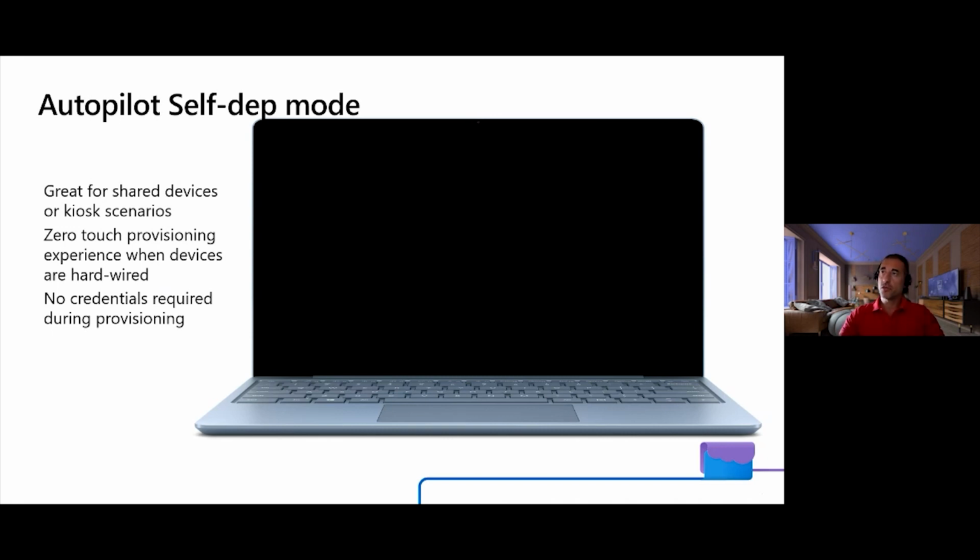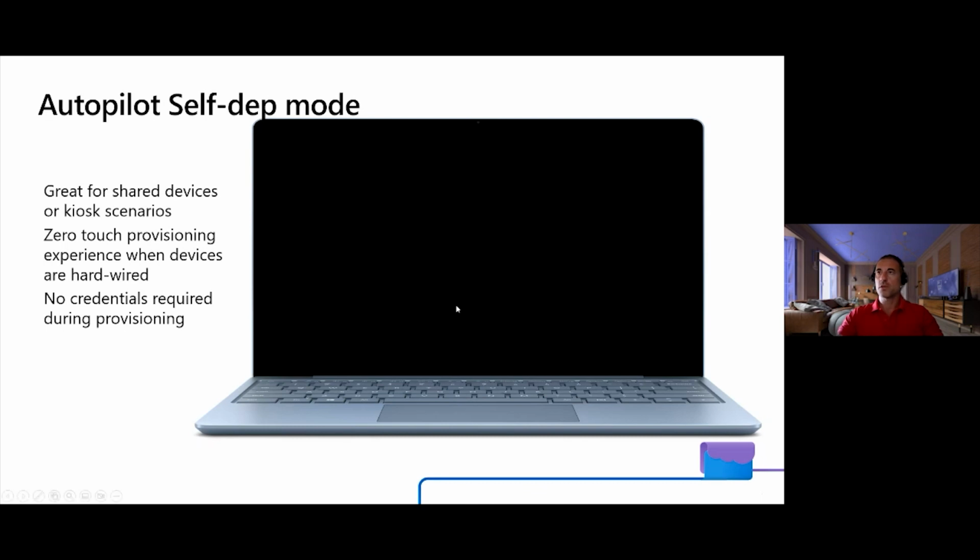If it is used with a wired connection, again, as I said before, it provides a zero-touch experience for the IT pros or for the end user, depending on who is turning on the device for the first time. And since it does not require user authentication to complete the provisioning process, it provides a simplified initial device setup experience for the end user, because they don't have to type a username or take any action.